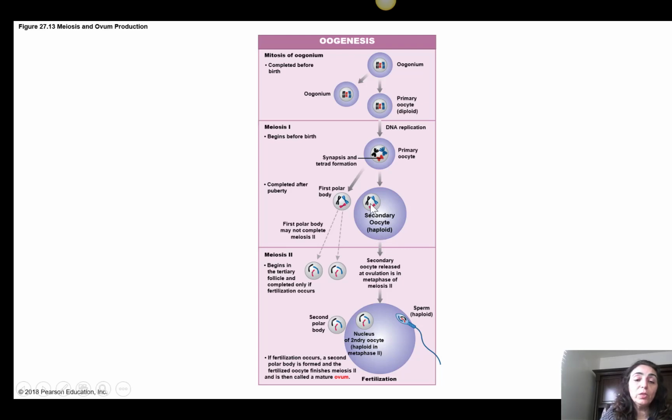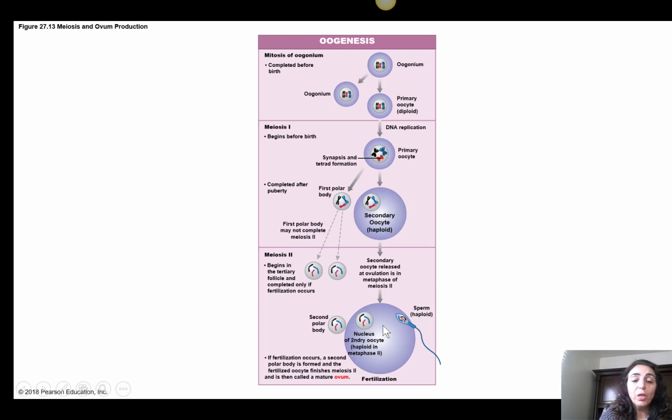This secondary oocyte goes through meiosis 2, and there the sister chromatids get separated. One of them goes into a cell that we call a mature oocyte or ovum, and the other one makes the second polar body, which will die too.